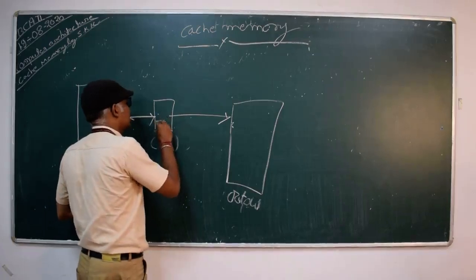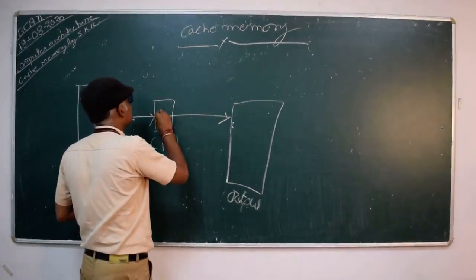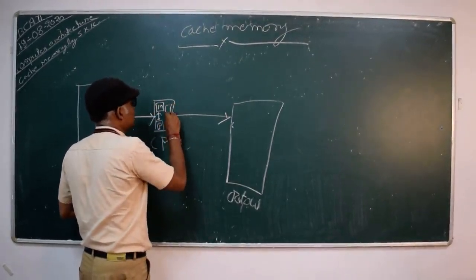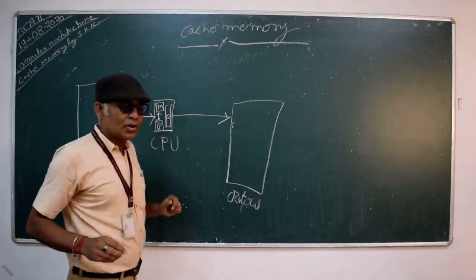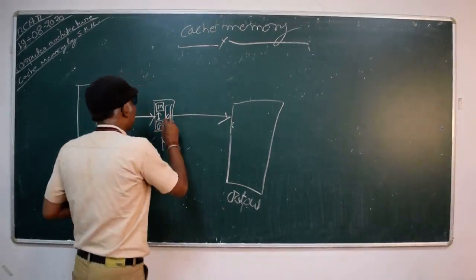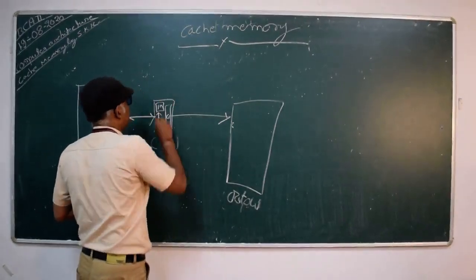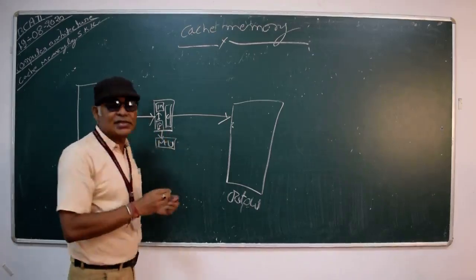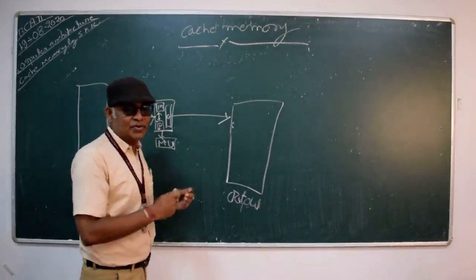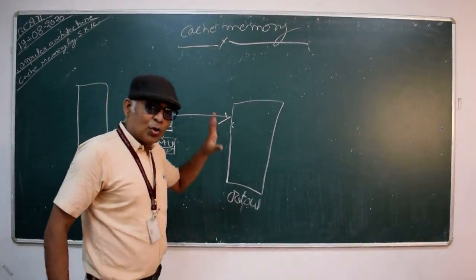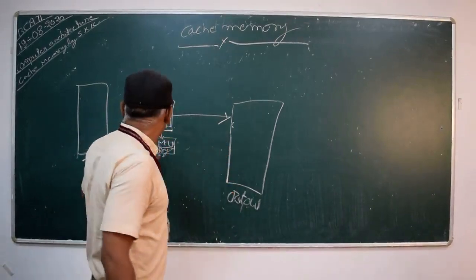It has a processing unit, a memory unit, and a control unit. Apart from this, the processor has some memory units in the form of registers, different kinds of registers. Now, what happens when it processes?